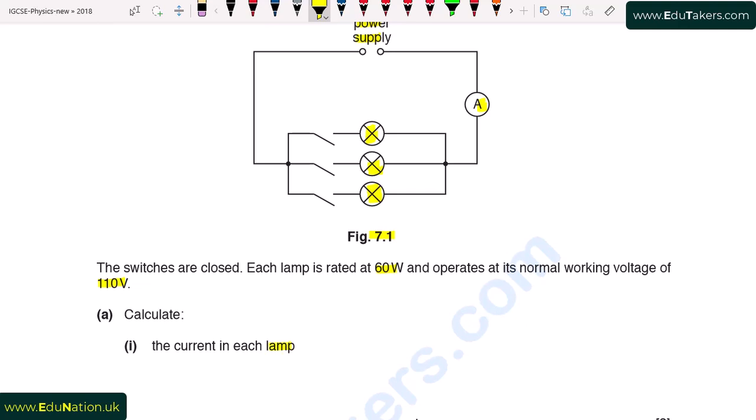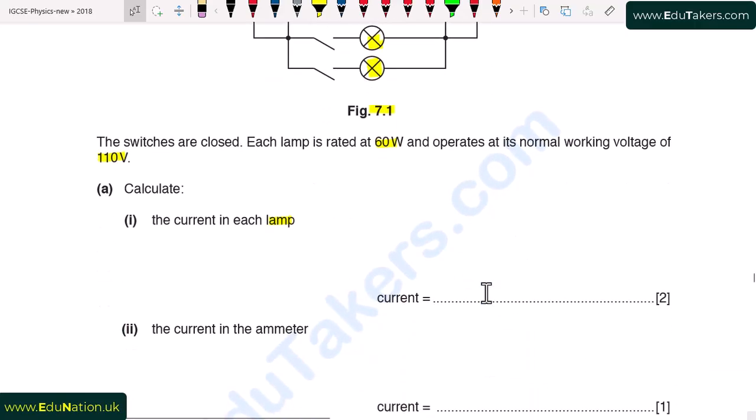Here we have to find out the current in each lamp. For that, power is given and potential difference is also given, and we have to find the value of current. I use the formula that power is equal to the product of current and voltage. Here we have to find the value of current.